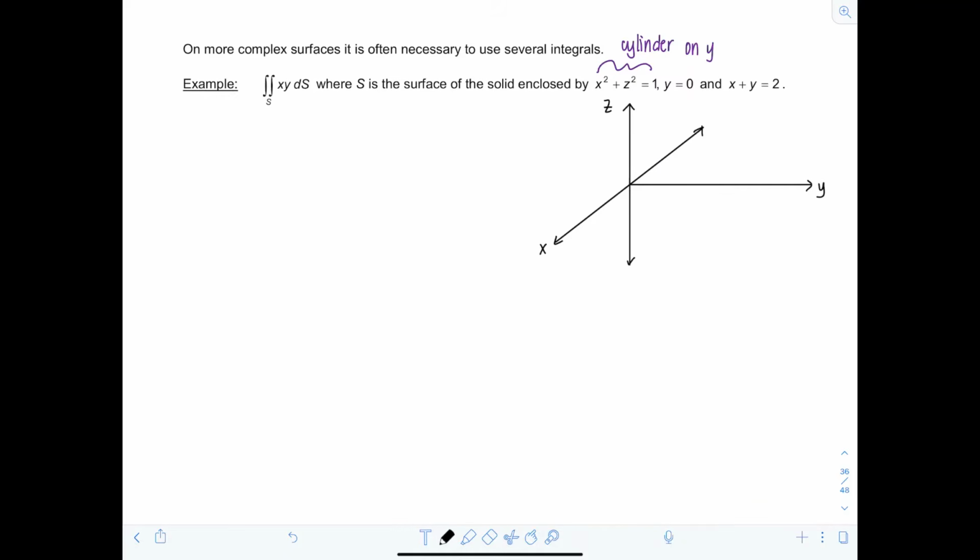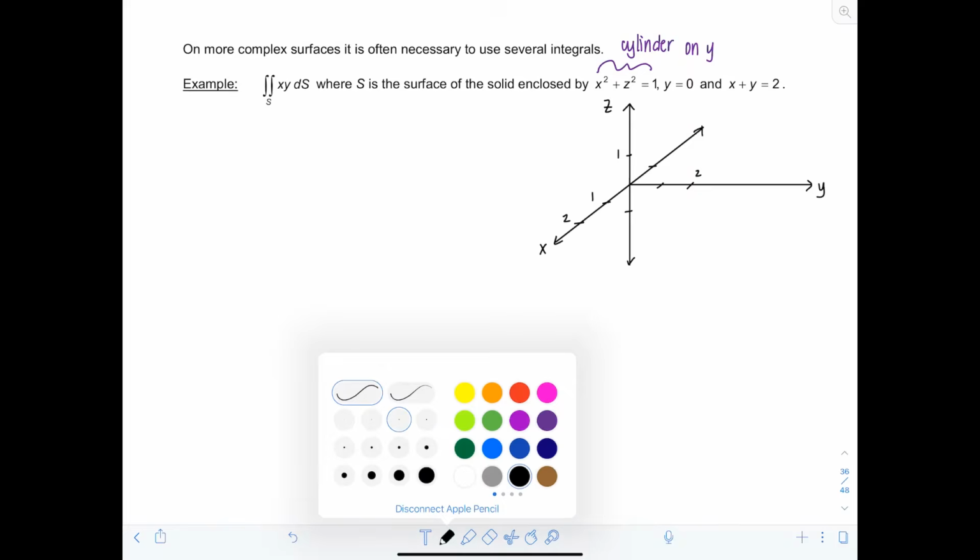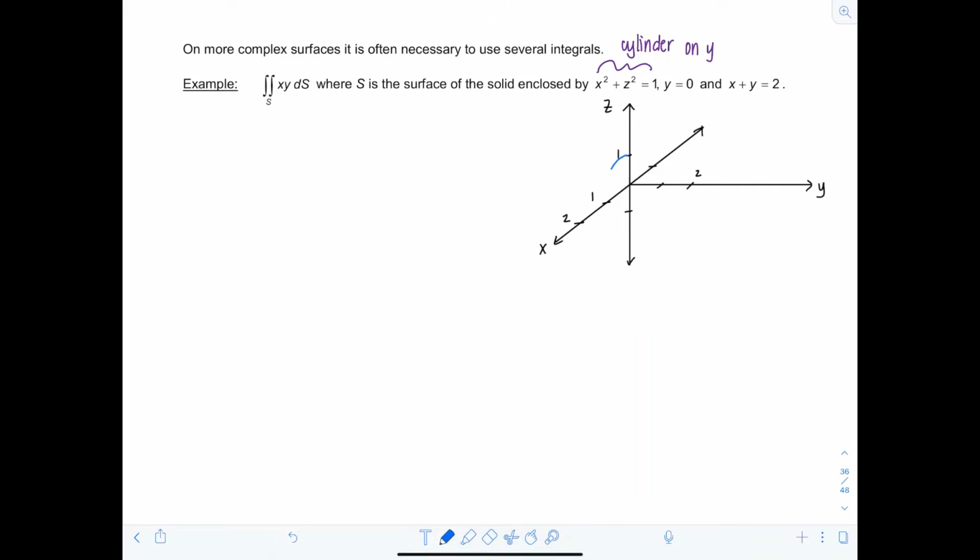So we've got x squared plus z squared equals 1, so let's scale this out. That's 1, that's 2, there's negative 1, 1, 2. So I'll start off by drawing the cylinder: a circle in the xz plane, then I project it parallel to the y-axis.